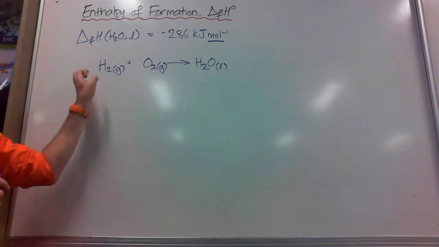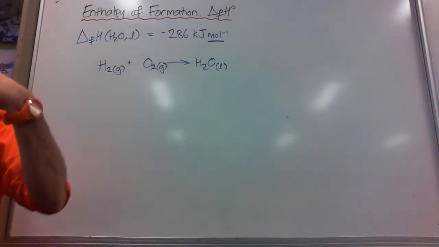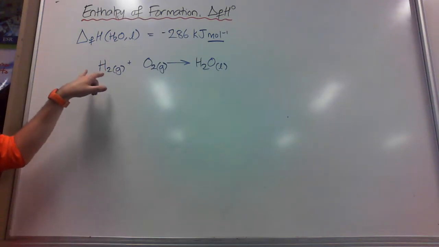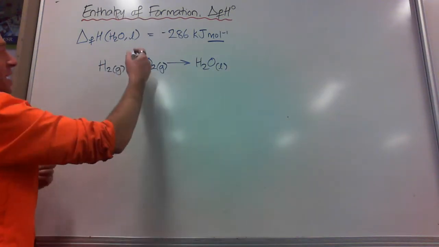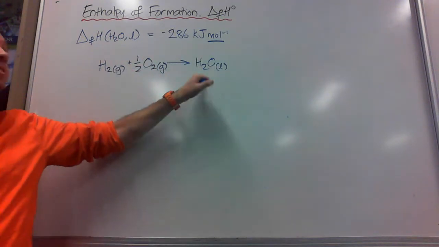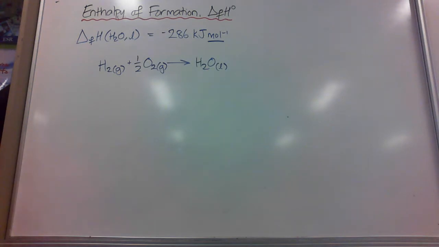Half, good. Remember, these are not numbers of molecules. They're not 1 molecule of this and 1 molecule of this. They're a ratio in moles. 1 mole of this plus half a mole of this makes 1 mole of this. The energy released there is 286 kilojoules per mole. Negative because that's released energy.